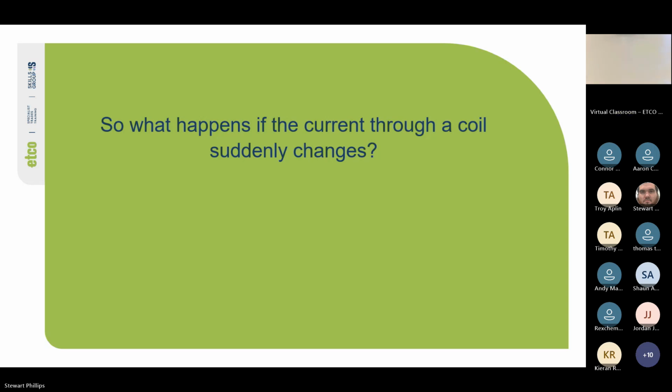So when we change the direction of the current, what happens to the magnetic field?